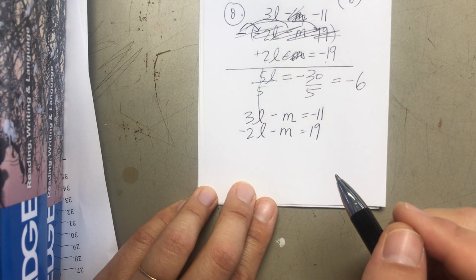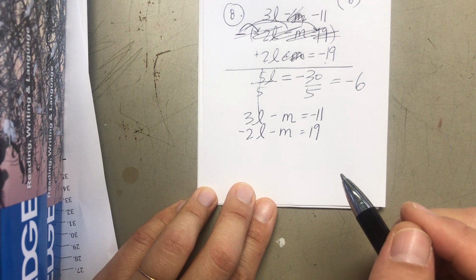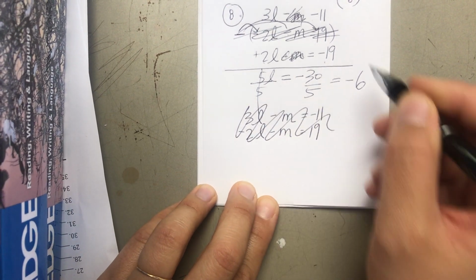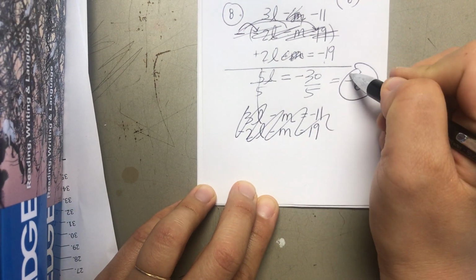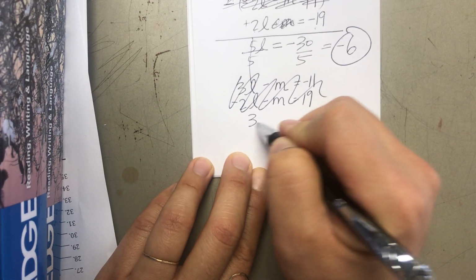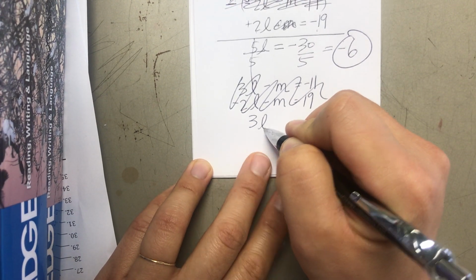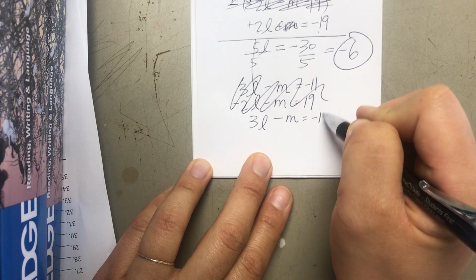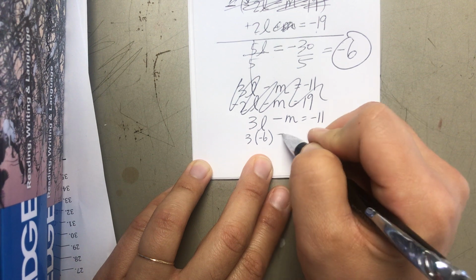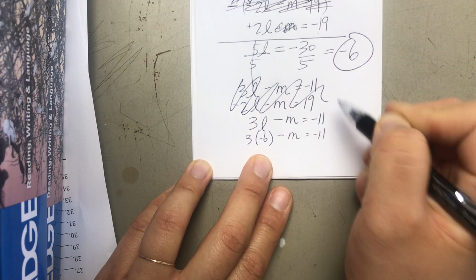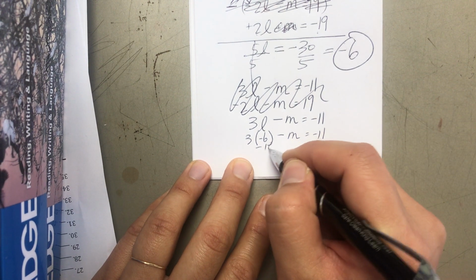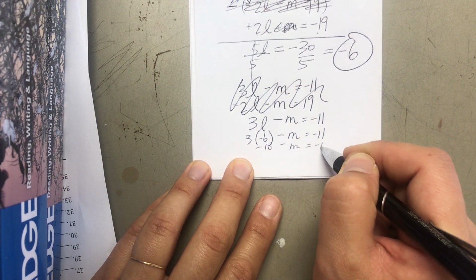Actually, I'm not going to do that. I'm going to take this L and plug it right back into one of these original equations. I'll use the top one, 3L minus M equals negative 11. So 3 times negative 6 minus M equals negative 11. That's negative 18 minus M equals negative 11.